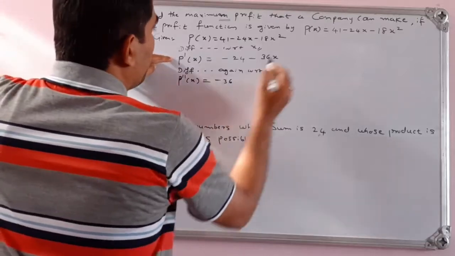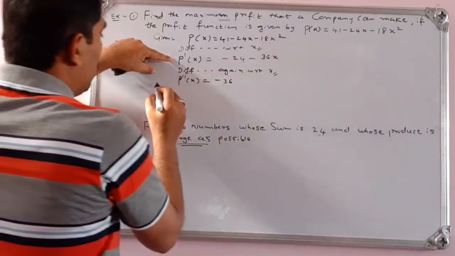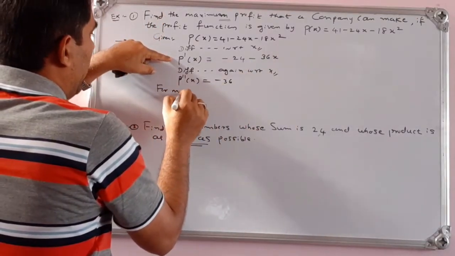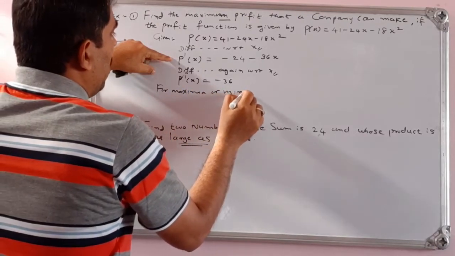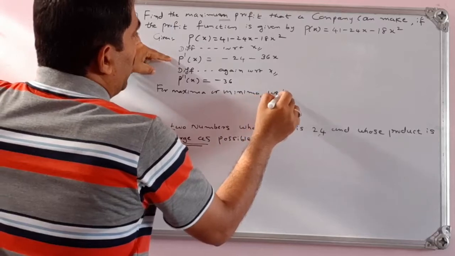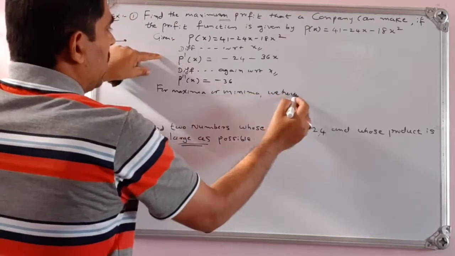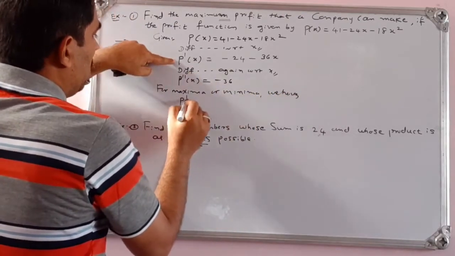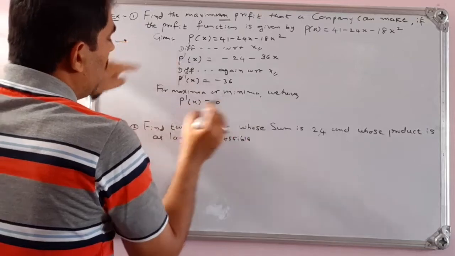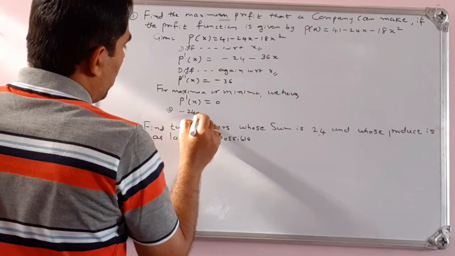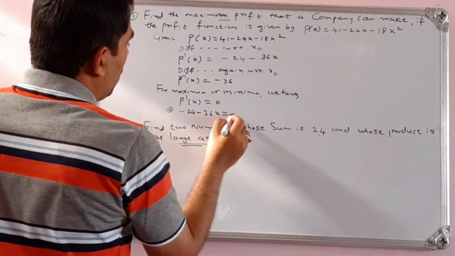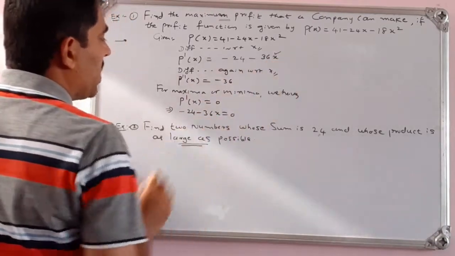Now let us write it here only. For maxima or minima, we must equate our first order derivative to 0. What is the first order derivative? Minus 24 minus 36x is equal to 0.